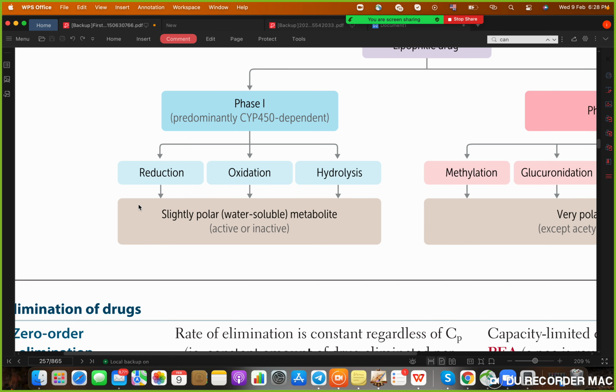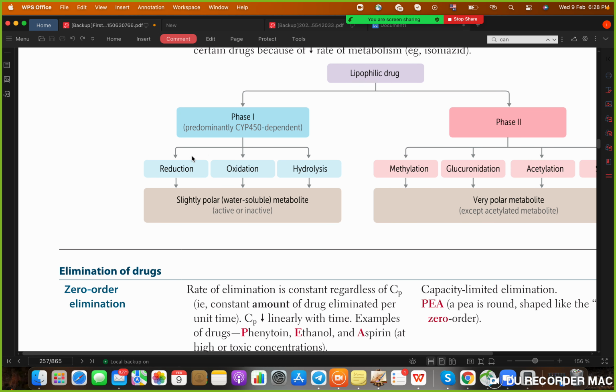It's called rug on hair. Or whatever you want, rug on hair. So reduction, oxidation, and hydrolysis. You just need to know the names. You don't have to know exactly what they do. You just have to know the name. Reduction, oxidation, and hydrolysis, ROH, rug on hair.